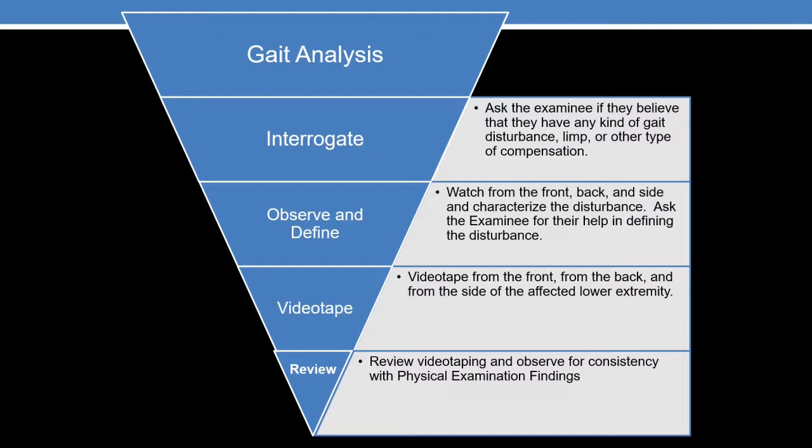Watch from the front, from the back, from the side, and with the examinee's help, characterize what exactly is the disturbance of the gait. Then videotape from the front, from the back, and from the side of the affected lower extremity. Then on your own time, you can review the videotaping and observe for consistency with the physical exam findings.